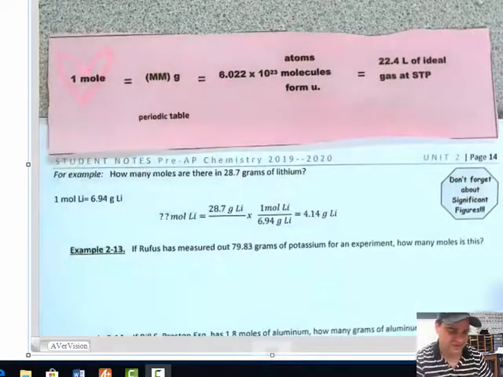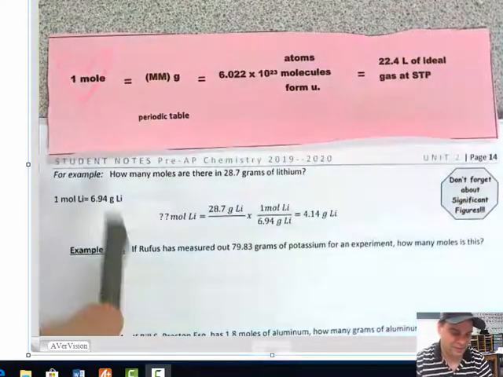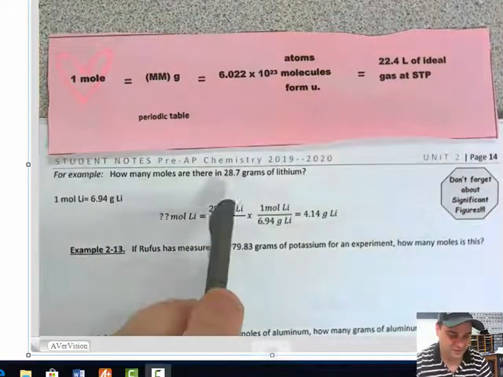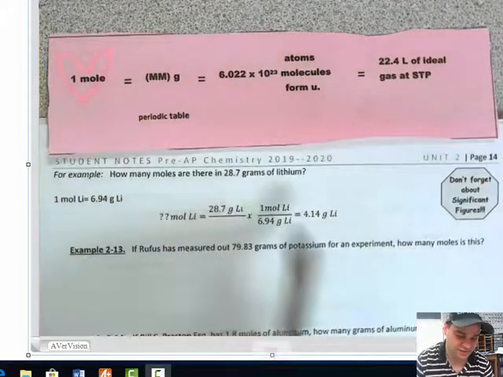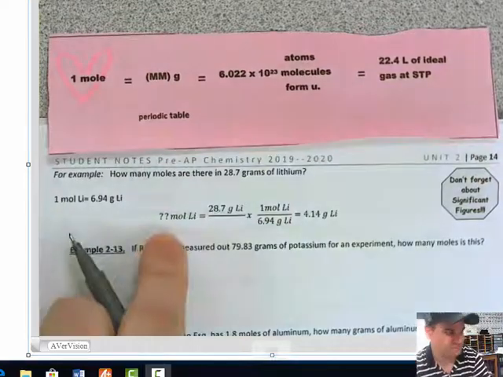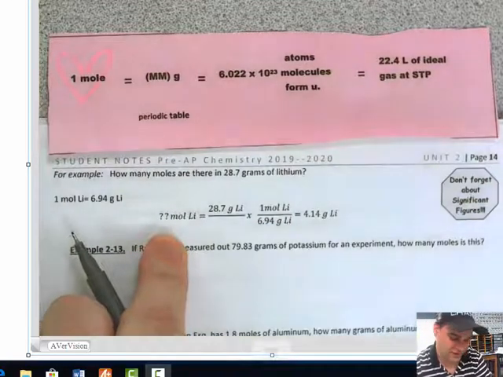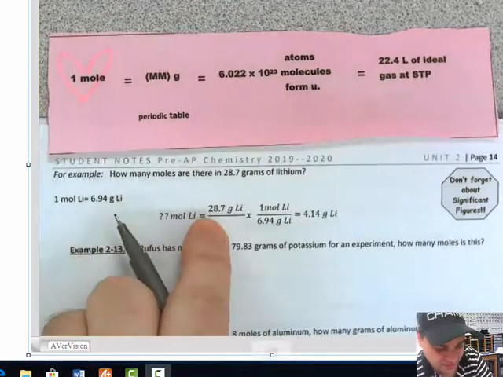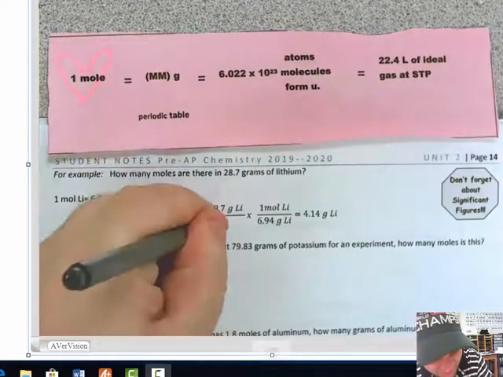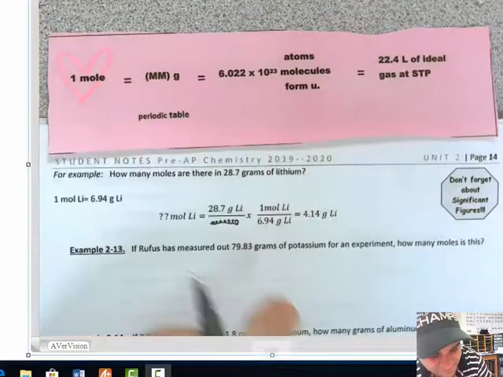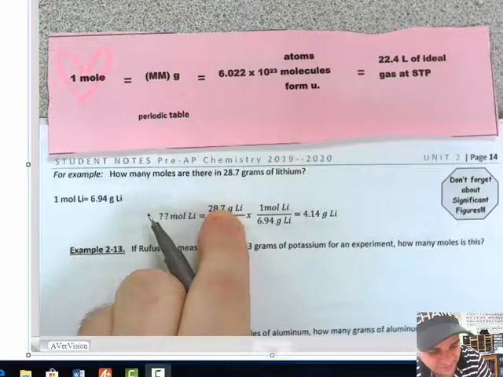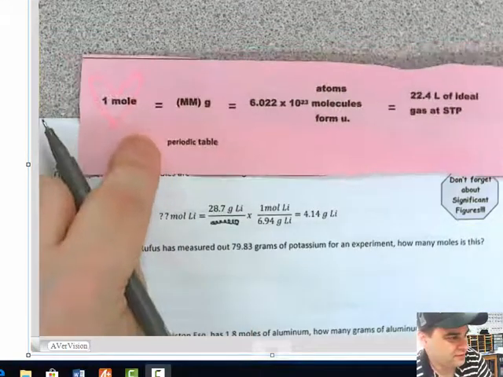If we're looking at the example problem, how many moles are there in 28.7 grams of lithium? We are starting off with 28.7 grams of lithium, and we're trying to find moles.